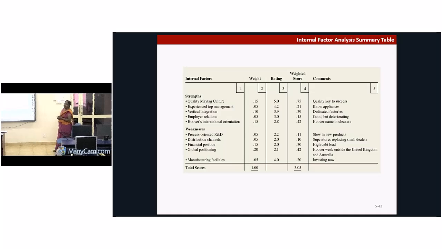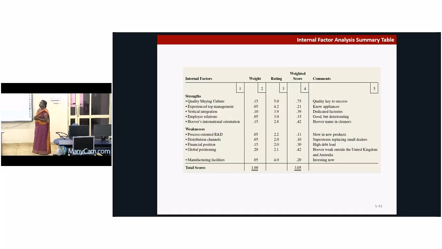Then employee relations, the human resource management activity. Then Hoover's international orientation: they merged with Hoover, and the business model they developed also works as a strength.